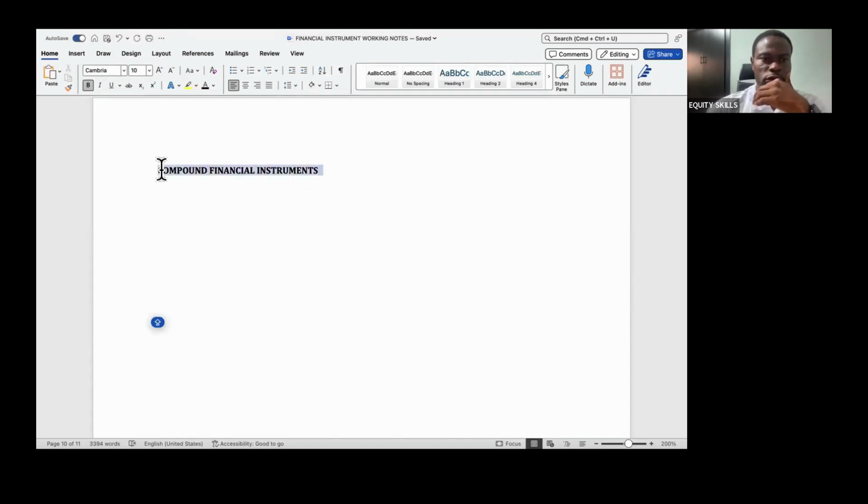Now, compound financial instruments. This is like going back to IAS 32 again, so I'm switching between the two. Compound financial instruments.